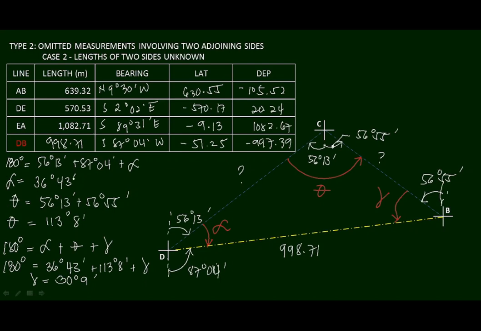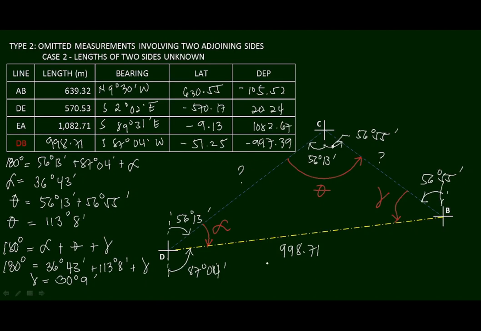So, my alpha here is 36, 43. Theta, 113, 8. Okay, so nasolve ko na yung mga interior angles. Okay, next. Ang hinahanap ko dito is the length of lines BC and CD.